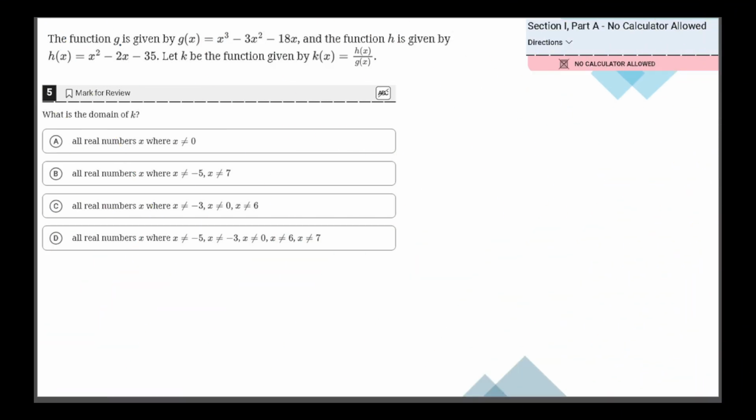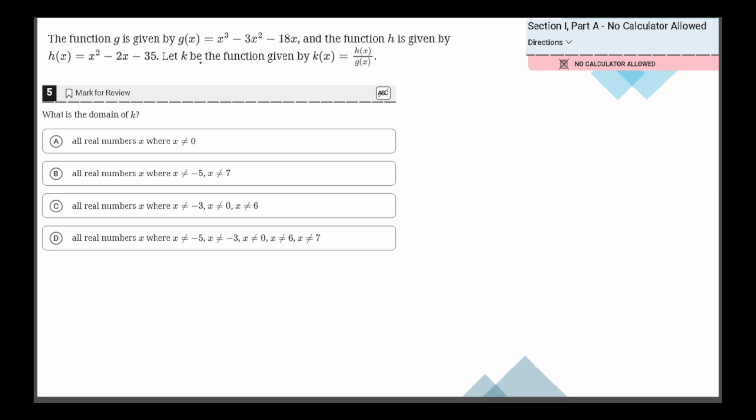The function g is given by g of x equals x to the power 3 minus 3x squared minus 18x, and the function h is given by h of x equals x to the power 2 minus 2x minus 35.